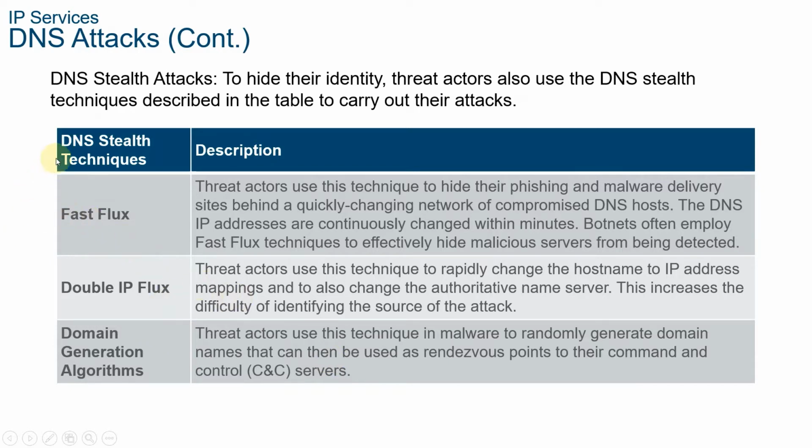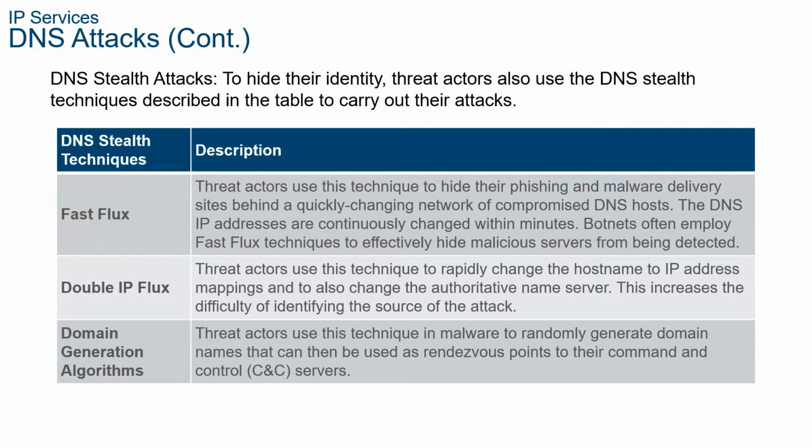The next type of attack is the DNS Stealth attacks. To hide their identity, threat actors also use the DNS stealth techniques described in the table to carry out their attacks. First would be fast flux.